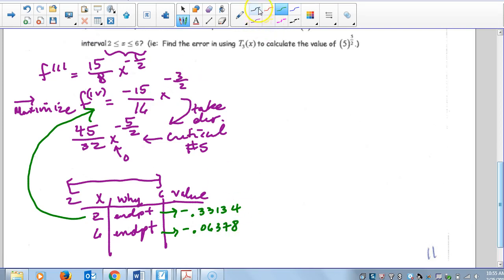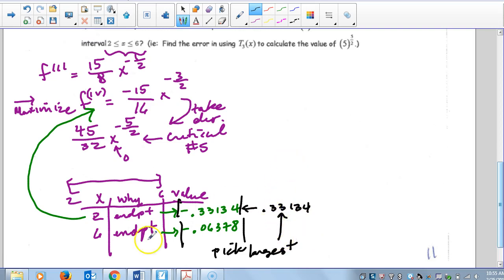And we're considering these in absolute values because remember, the formula is an absolute value formula. So I want the biggest one. So pick the biggest. Well, clearly, if I am looking at absolute values, 0.33134 is the largest. So that's what I use in my formula.